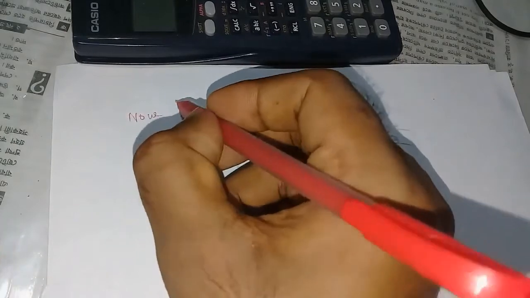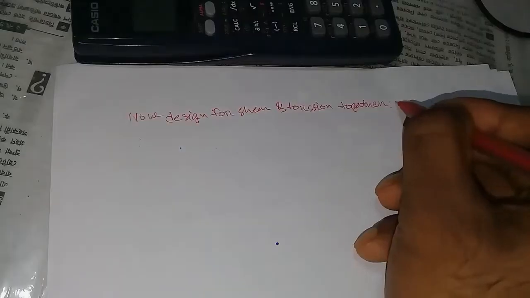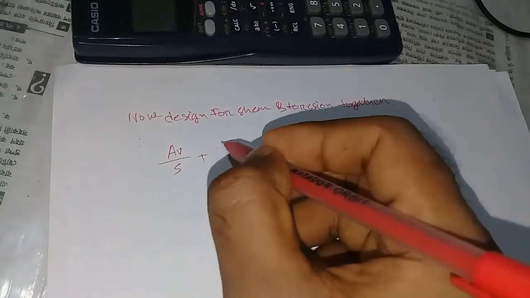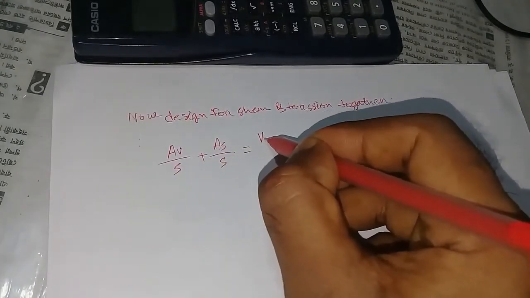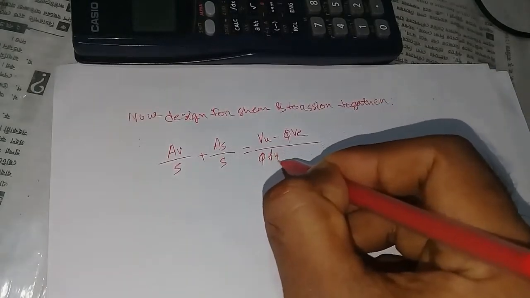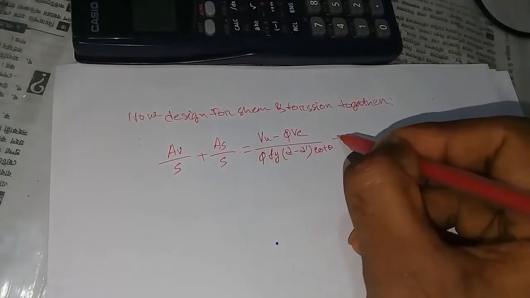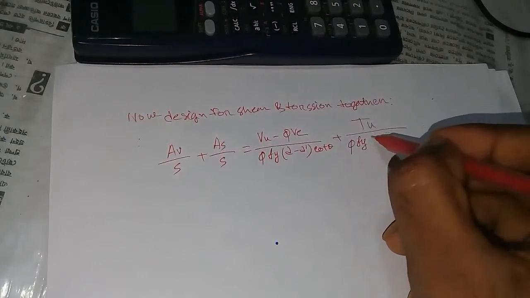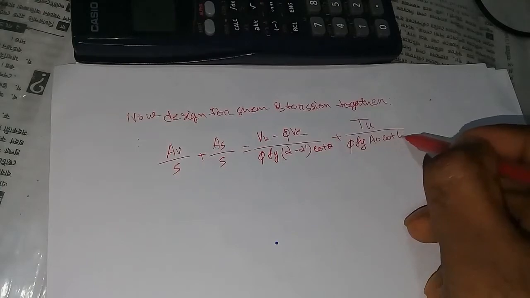Now design for shear and torsion together. Av divided by s plus At divided by s equals Vu minus phi Vc divided by phi Fy (d minus d prime) cot theta plus Tu divided by phi Fy A naught cot theta.